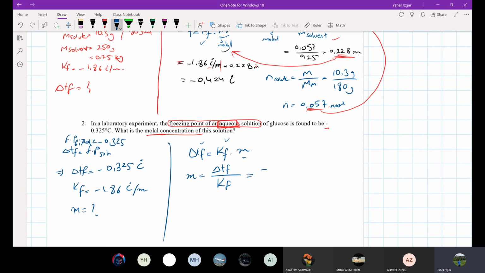So delta TF is minus 0.325 Celsius over KF, which is minus 1.86 Celsius per molar, and the result, let me just calculate it for a second, is 0.174 molar.